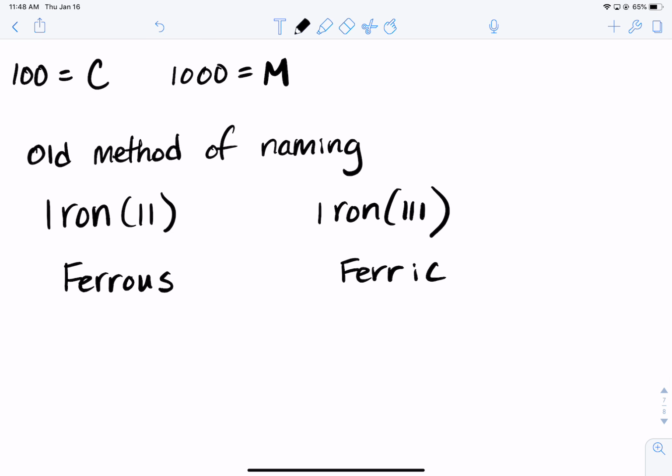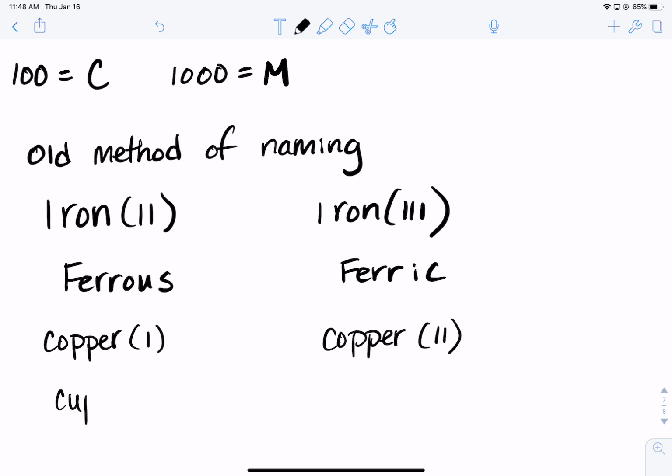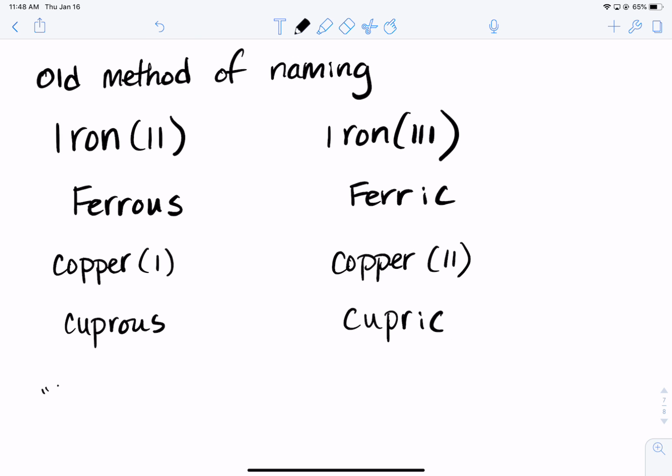Copper is another one. Copper takes on a charge of 1, or copper could also take on a charge of 2. This is cuprous, and this is cupric. So just so you know, ic is the higher charge, and you need to write this down, because you're going to see it as copper 2 and you'll see it as cupric.